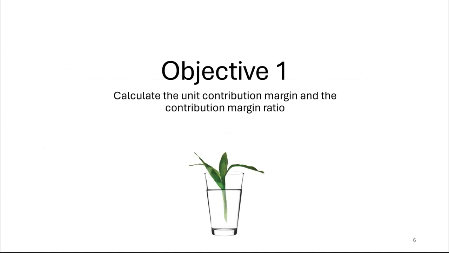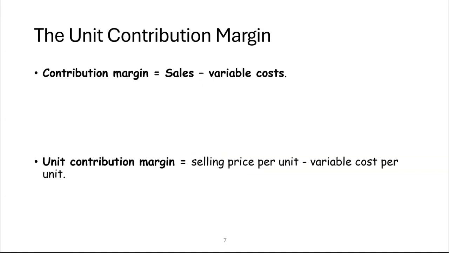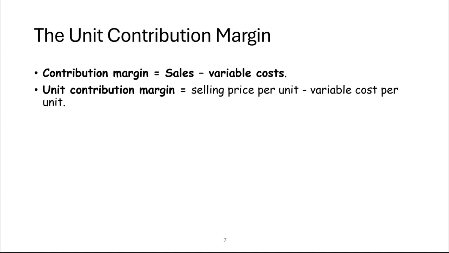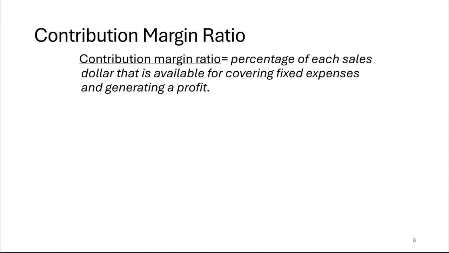So let's look at our contribution margin and the contribution margin ratio. Contribution margin is sales minus variable costs. Unit contribution margin is selling price per unit minus variable cost per unit. All variable costs, product and period, must be included when calculating the unit contribution margin.